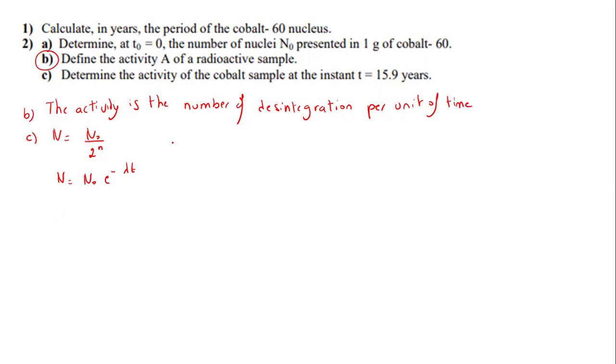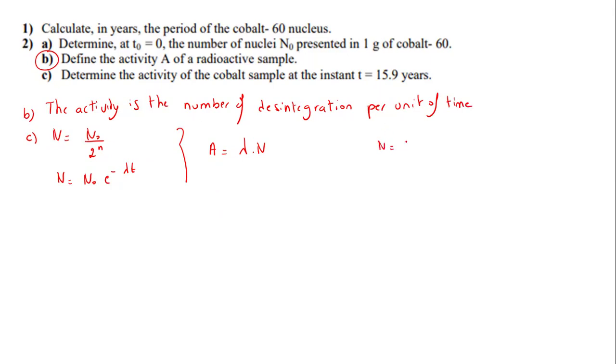We know that A equals lambda times N. So the first step is to find the number, and the second step is to find the activity. How do we find the number remaining?